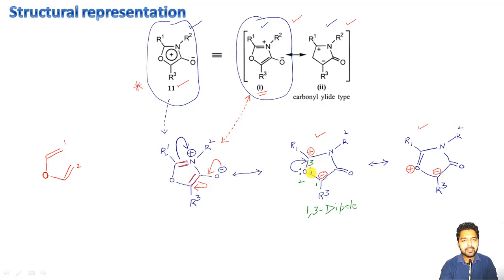On 1 and 3 we have the opposite charges, the positive and the negative charges. So no doubt we can call it a 1,3 dipole, and because all these structures are equivalent, this is also a 1,3 dipole, and this is also a 1,3 dipole. Moreover, because these all originate from this original compound, basically this is a 1,3 dipole type of molecule, right?